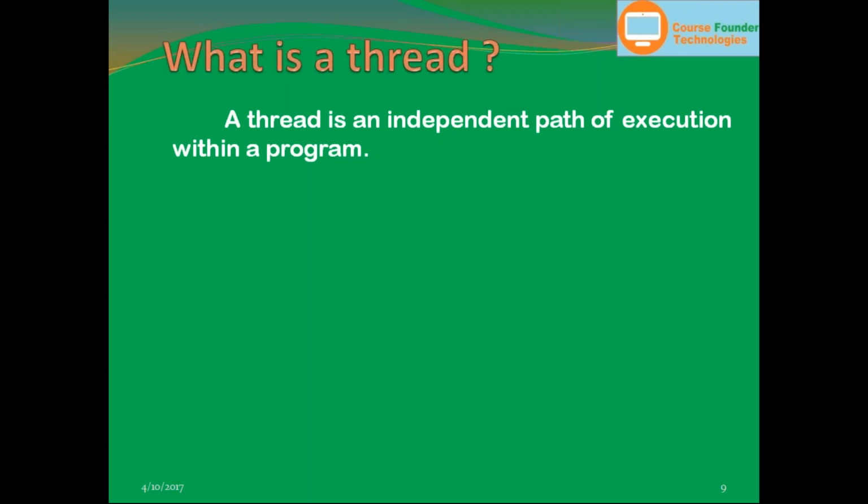That's why you are seeing these many applications. Otherwise we would have to open only Word at a time, and once Word is done, close it and open PowerPoint. That is if it is a single thread environment, but we are working on multi-thread, multi-core processors. So that is the basic definition of a thread. It is clear, right?